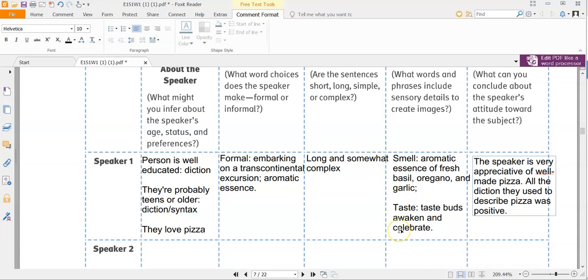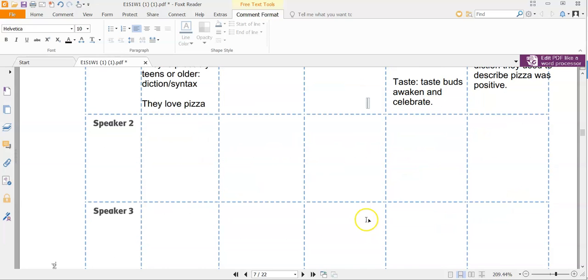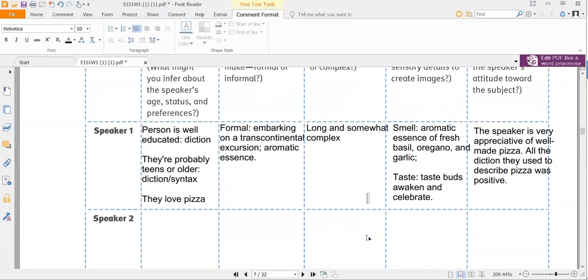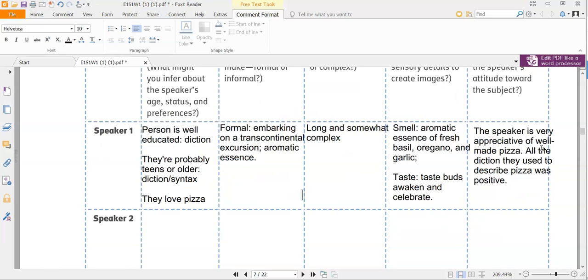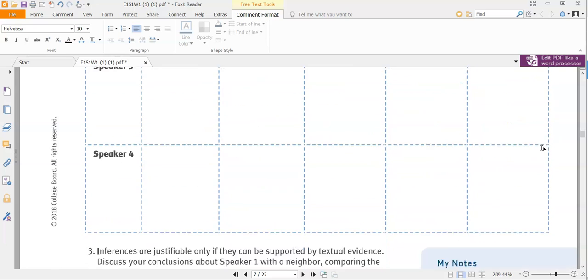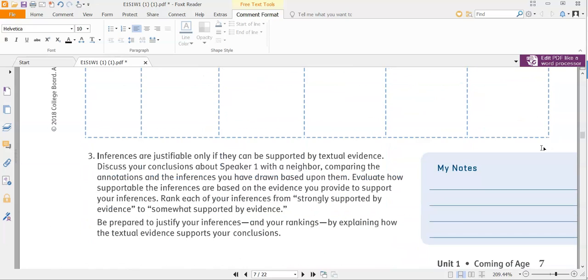So there I've already completed the first speaker. So all you have to do is do that same thing, fill out each box to fill out the rest of the speakers. And they have these guiding questions, so if you forget what each of the things means, just feel free to use those guiding questions to figure out what it is you're supposed to be looking for.